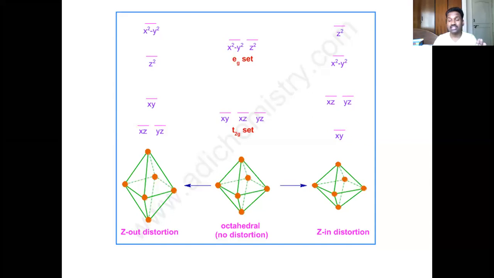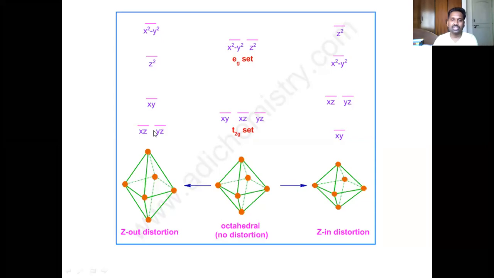Your octahedral symmetry is of course distorted, because for octahedral symmetry, all ligands have to be placed equidistant from the central metal ion. Now the Z ligands have moved further away, so the orbitals which are degenerate, T2g and Eg, further become non-degenerate, split.